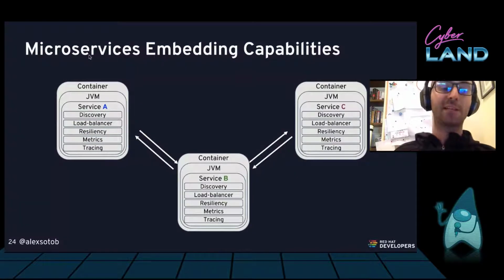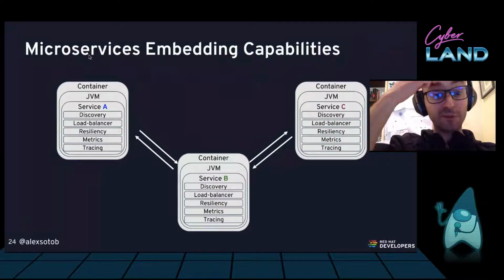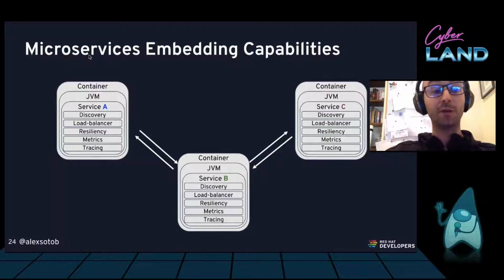The second thing is, what happens if your service A is in Java, the service B is in Go, and the service C is in JavaScript? Then you need to learn how to do resiliency, metrics, and tracing for Java. Then you need to do the same for JavaScript and the same for Go. So you need to learn 3 different frameworks.